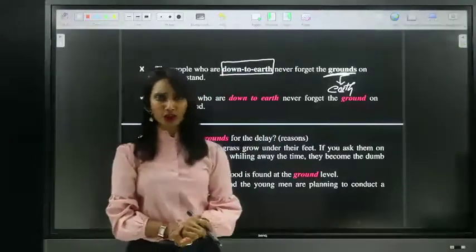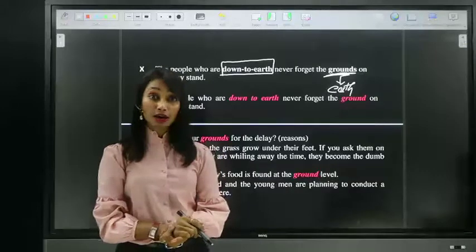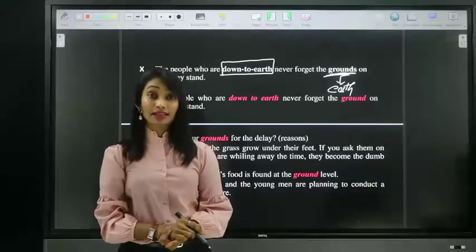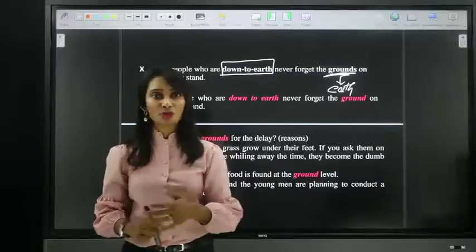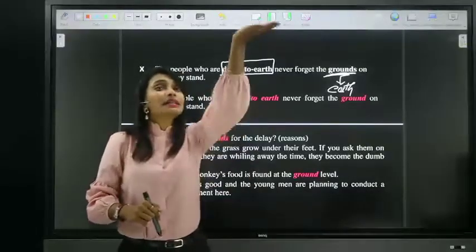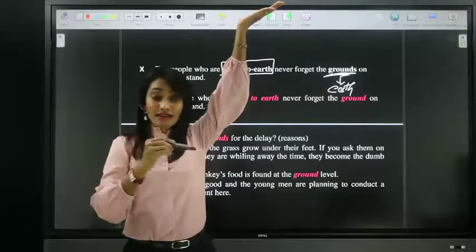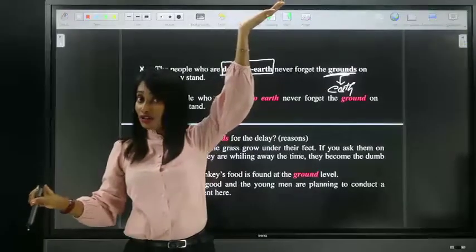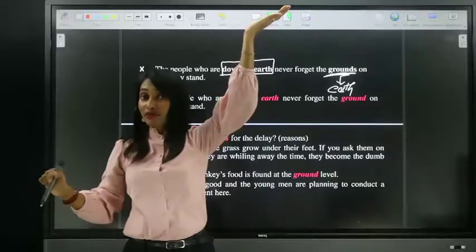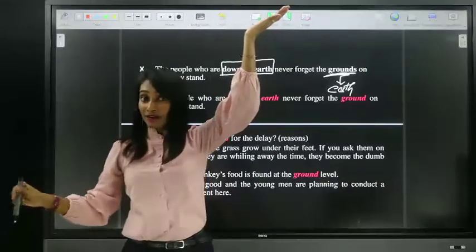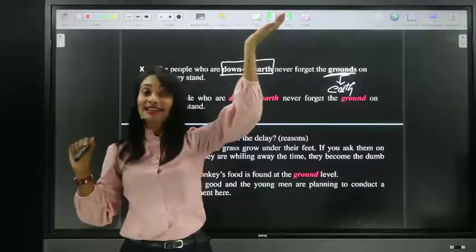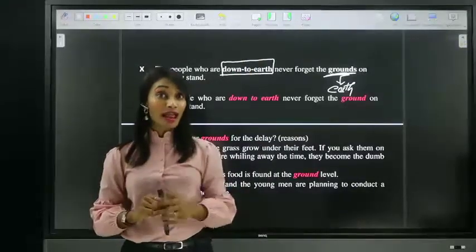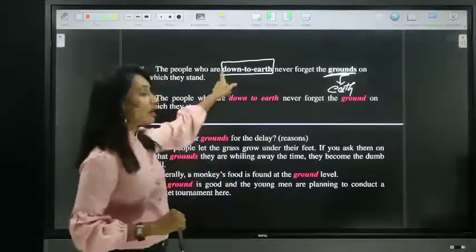What does it mean, down to earth? People who are down to earth are sensible and practical. They are humble and approachable. Though they reached great heights in their lives, they never forget from where they came, the ground on which they stand. That means they never forget the background, their past, and hence they are humble, polite, approachable, sensible, and practical. That is what down to earth means.